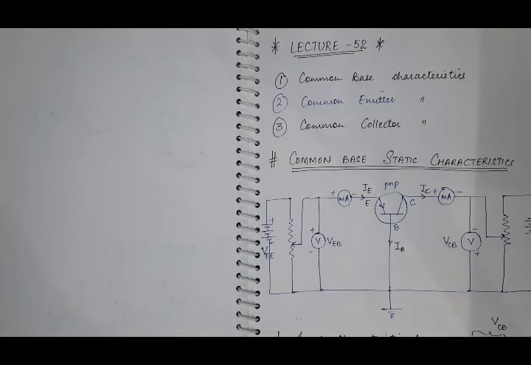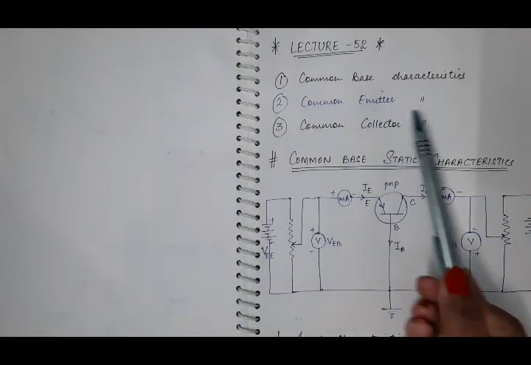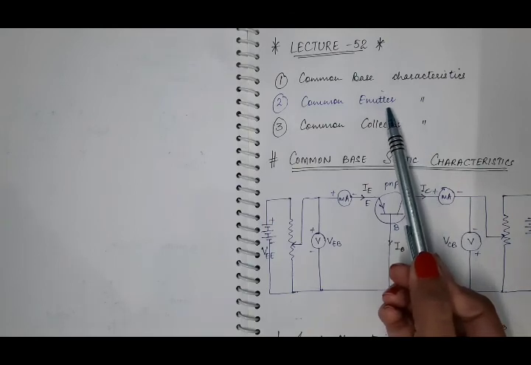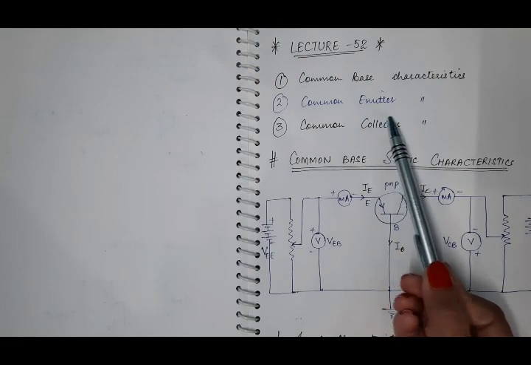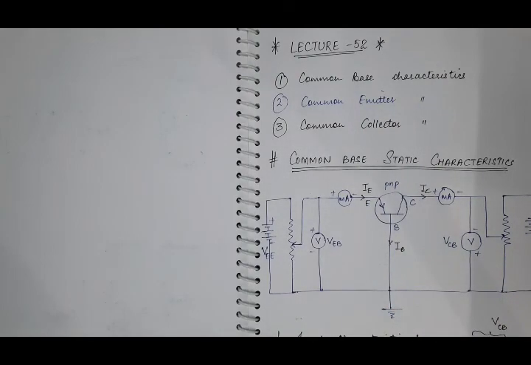So in case of common base characteristics, as base is common between emitter and collector, we have two junctions. One will be emitter base junction and another will be collector base junction. In the second case, common emitter characteristics, as emitter is common, what will be the two junctions? One will be base emitter junction and second will be collector emitter junction.